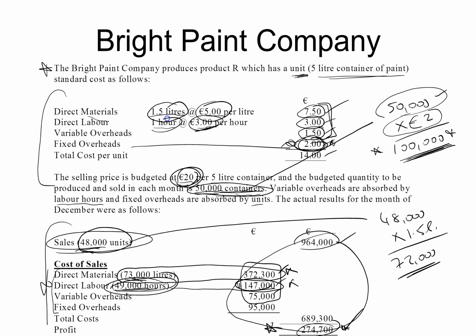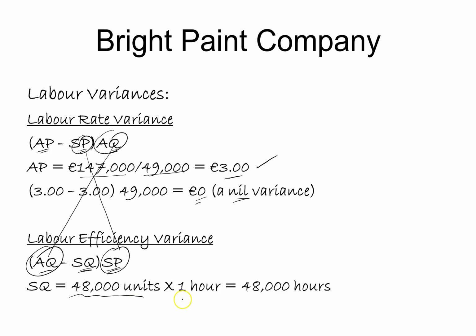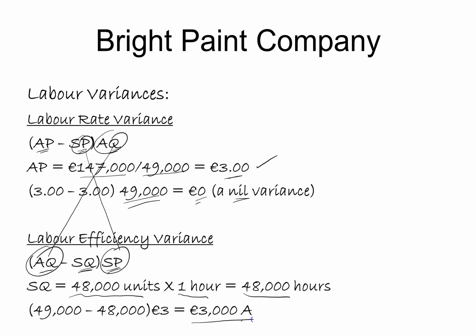It should take 1 hour to make a unit, and they actually produced and sold 49,000 units. So all things being equal, we would have expected the workforce to work 48,000 units produced at 1 hour per unit. So that's 48,000 hours. As I said earlier, they actually did work 49,000 hours. So putting that in there, we have a total variance of 3,000. Now they worked more hours than they should have, so costs are up, so it's a 3,000 adverse variance.